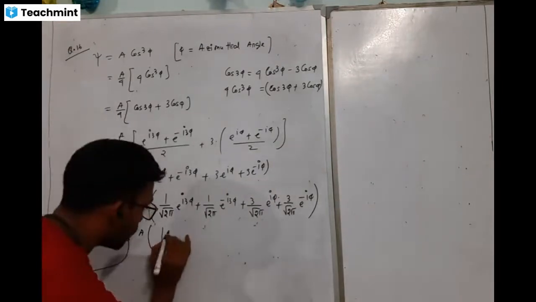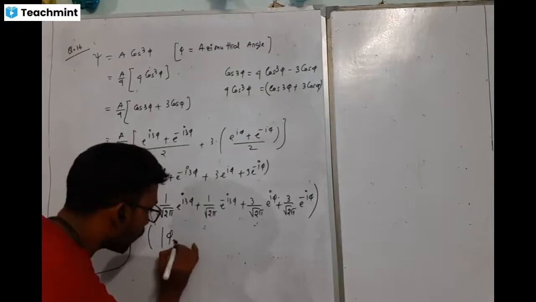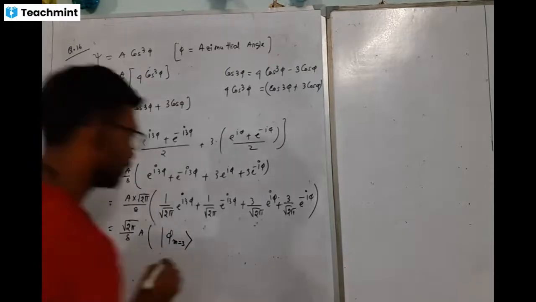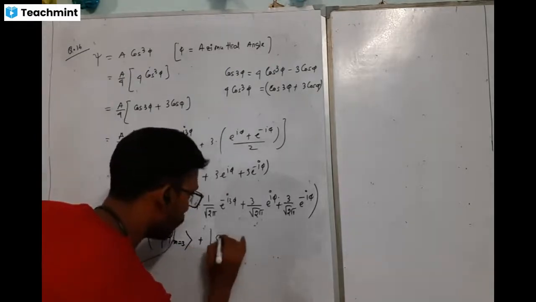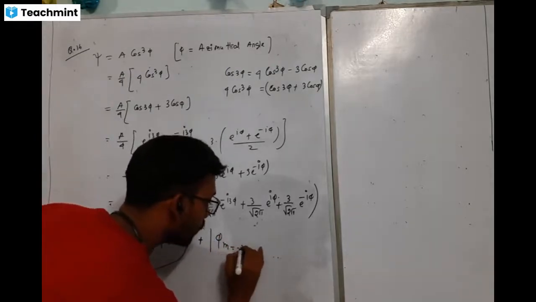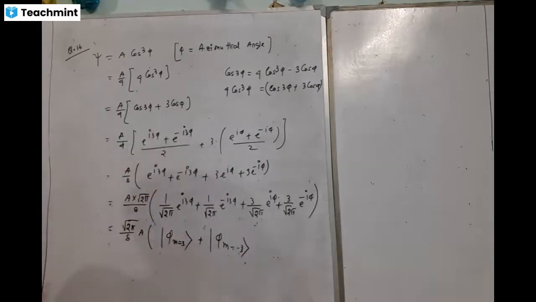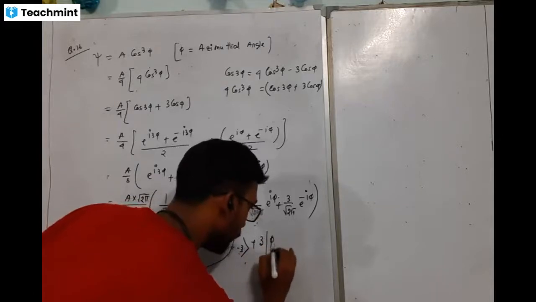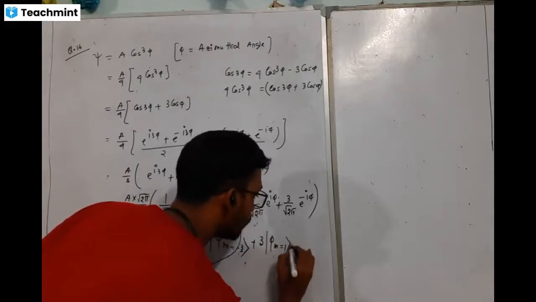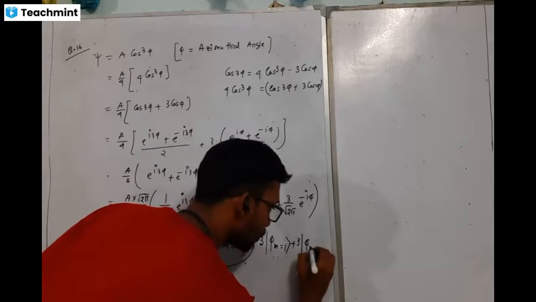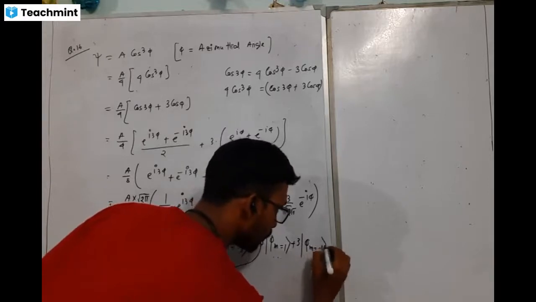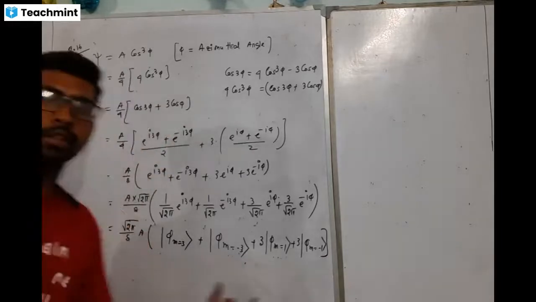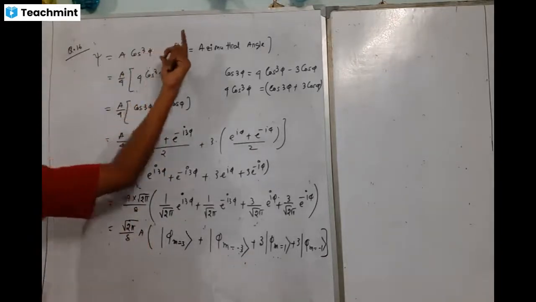We can express it as φ with m = 3 state, plus φ with m = -3 state, plus 3φ with m = 1 state, plus 3φ with m = -1 state. This is the corresponding expression of the state for the given value.